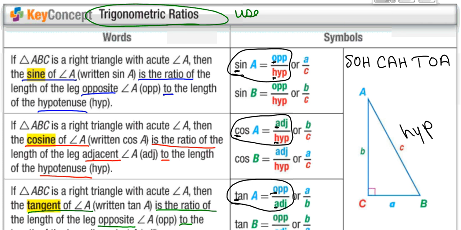So, used to find lengths of sides. And just keep in mind, we still know the Pythagorean theorem. That was in this section. We kind of focused on that even though we've used it all year. And we still can find a missing side sometimes using the Pythagorean theorem.